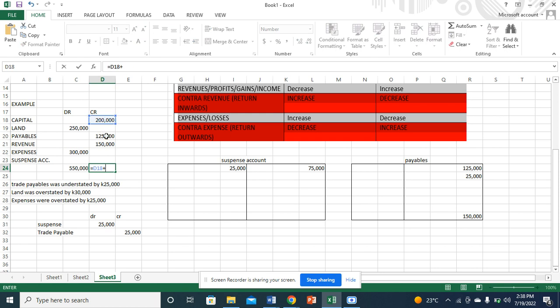Here it's 475,000. So the credit side is lower. So you subtract 550 minus 475. That's how you get 75,000.